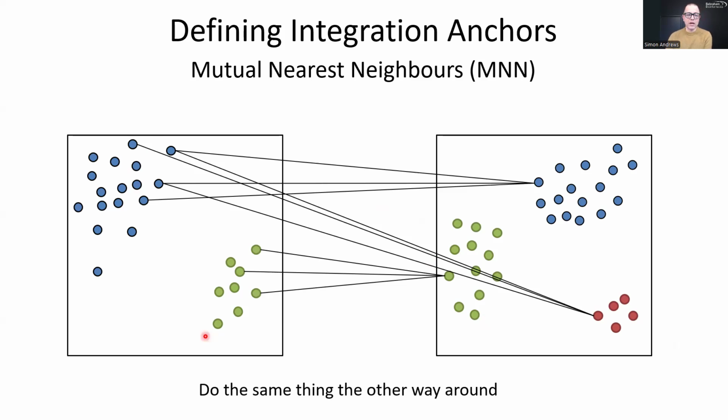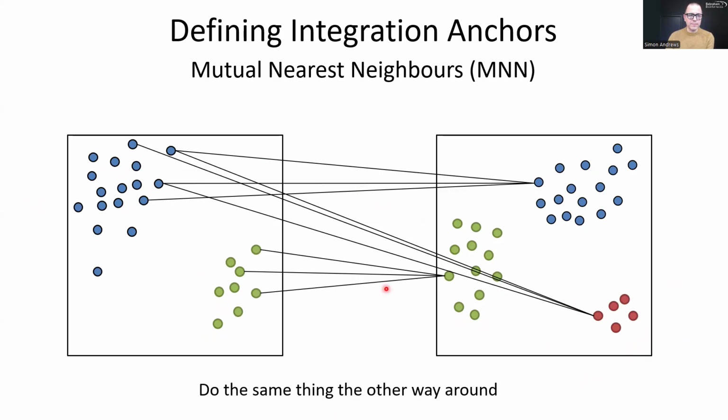But in this instance, I've shown some examples where there is a cell type in my second data set which isn't present in my first data set. So when you have circumstances like this, it's important that you don't misidentify that cell type or try and integrate it to an incorrect set of cells over here. We want that to be left on its own and not brought into one of the other clusters.